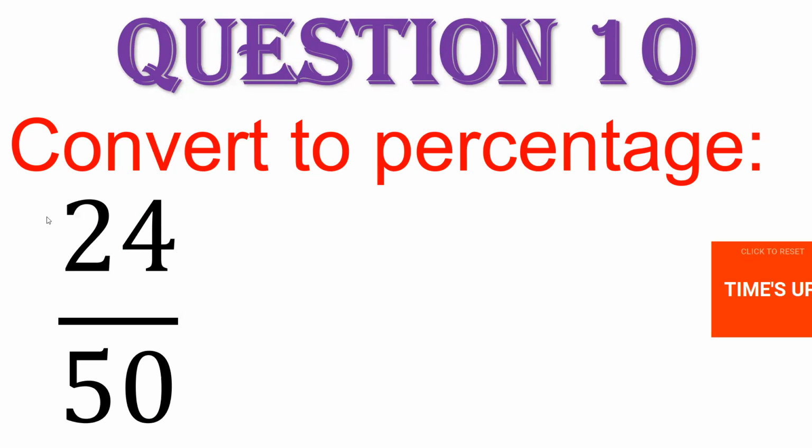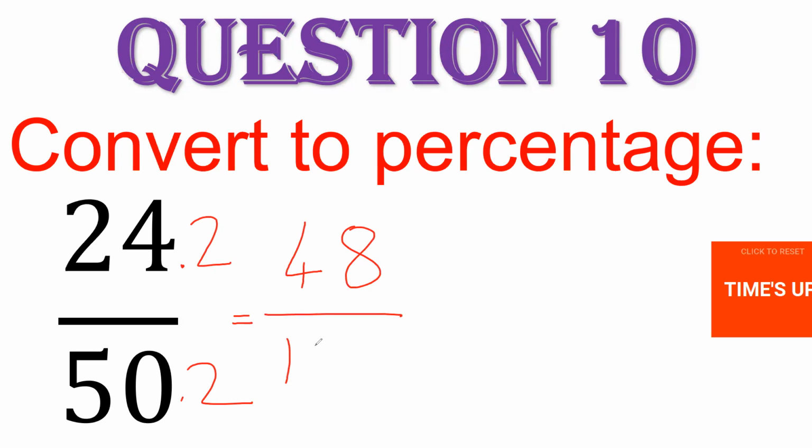First of all, we can just multiply by 2 each, to change to 100. Times by 2, times by 2. Why am I doing that? Because I want to make 100 here. 24 times 2 is 48 over 100.